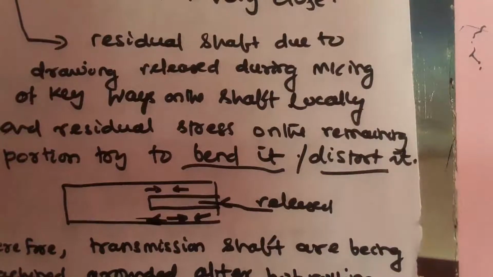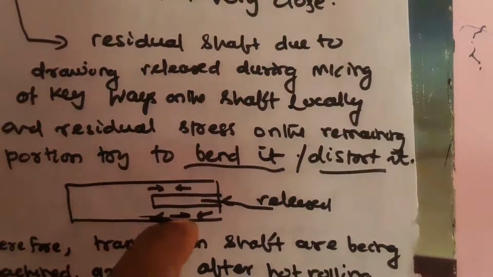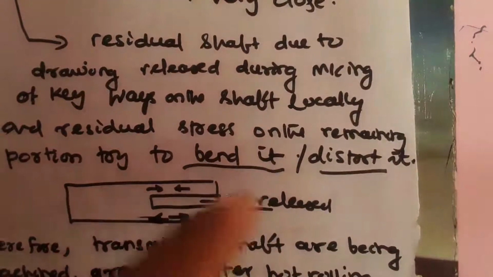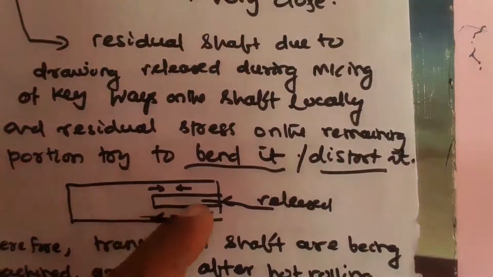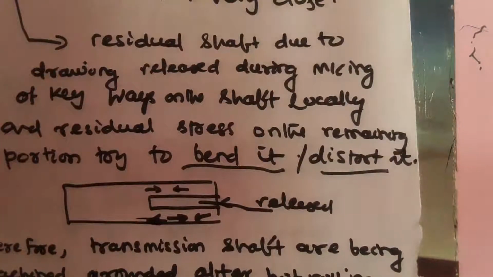After that, some shafts go for cold drawing, and some of them go for turning and grinding. But for those shafts which go for cold drawing, if you want to put a keyhole on them, they are distorted because the local stress is released at a particular region, and in the other regions there are stresses, so they will try to bend or distort it.